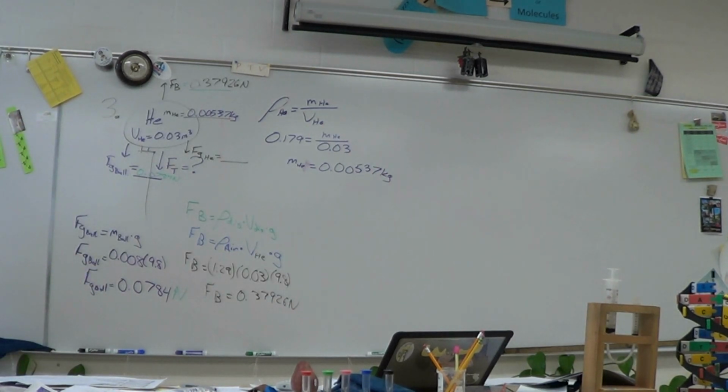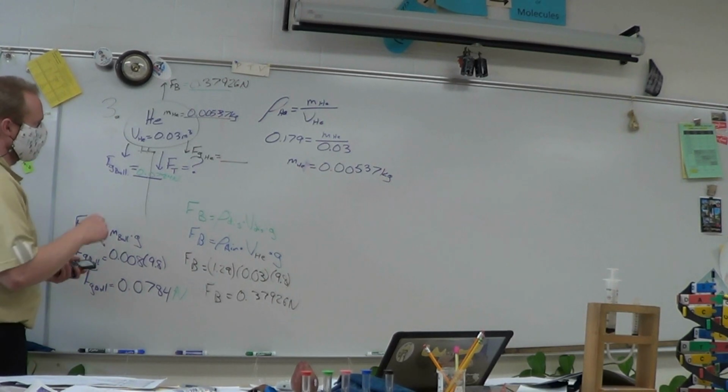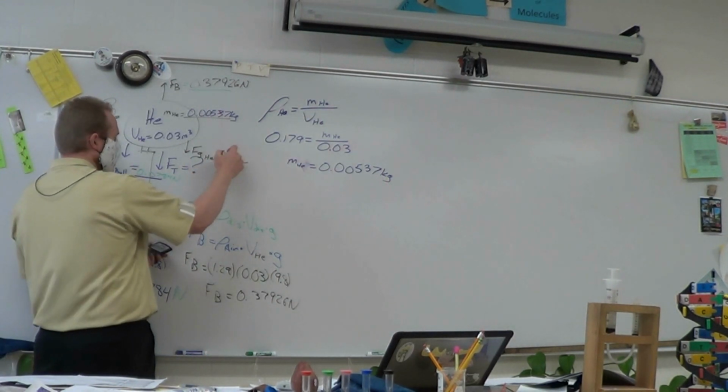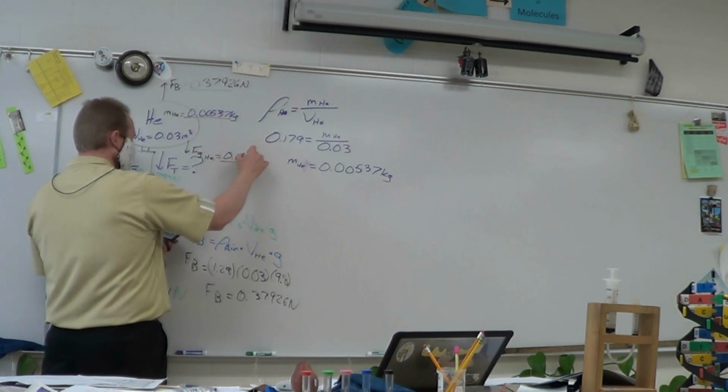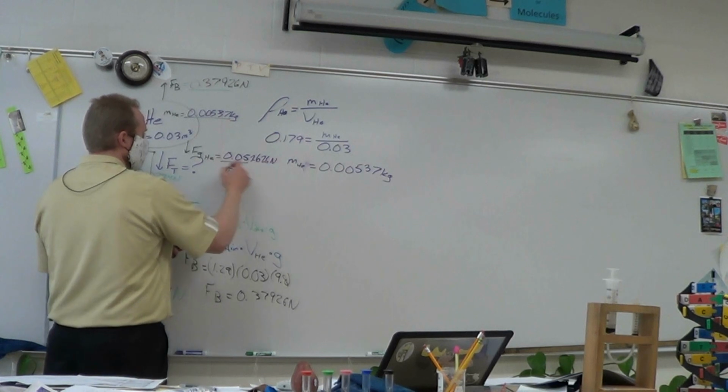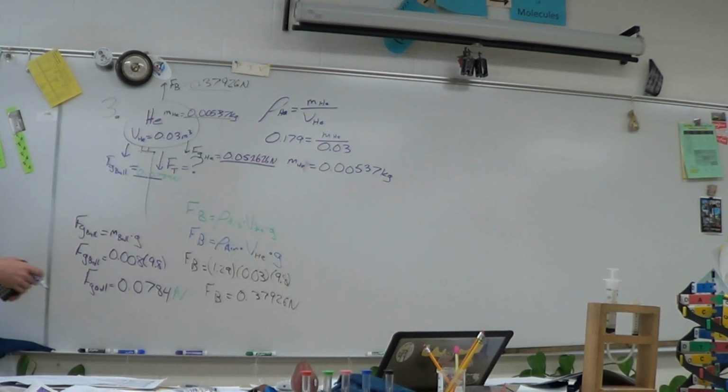The reason we really are concerned about the mass is not necessarily because of the mass part, but in my free body diagram, it's what we can use to calculate weight. So when we multiply that by 9.8, we get that for weight.